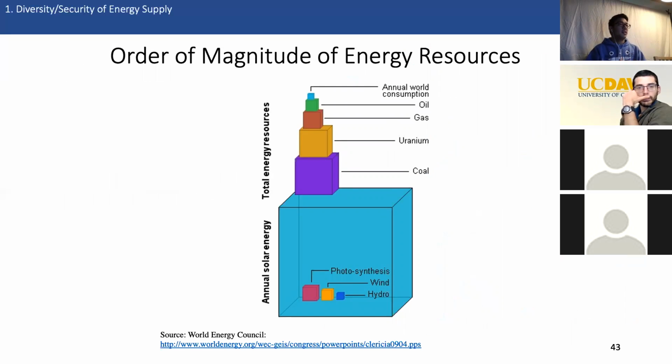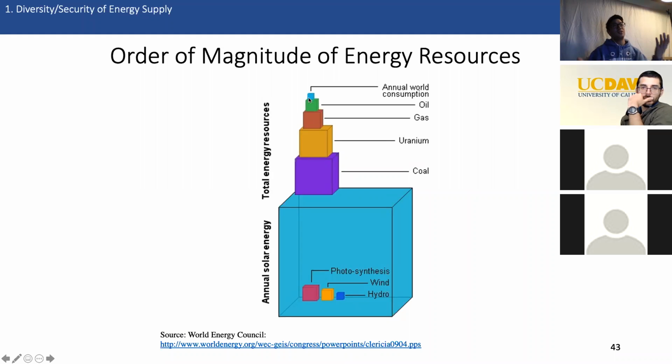Okay, and we're going to go a lot more into detail about resource constraints, but this gives sort of a high-level view of what the available resources are for us to consume. The annual world consumption is about this big, so the total size of that block there.